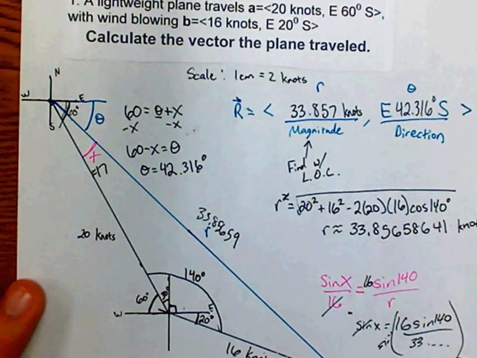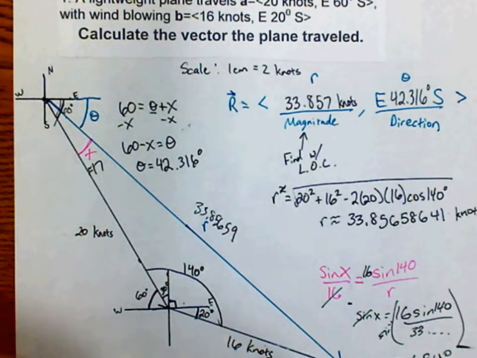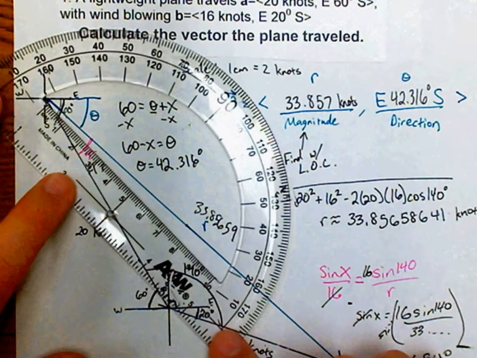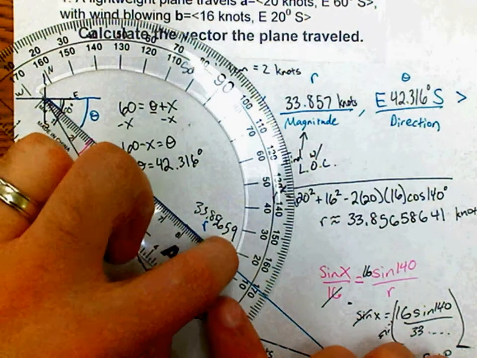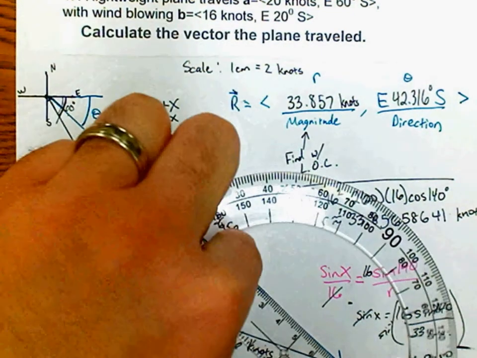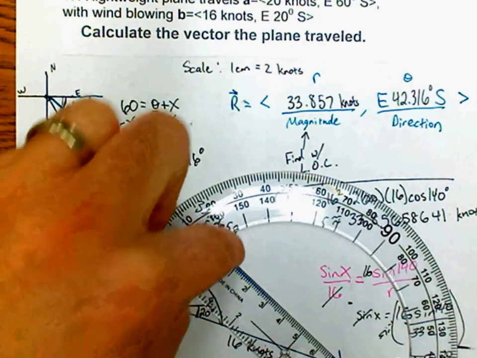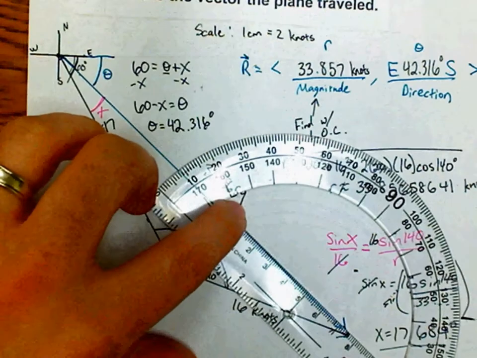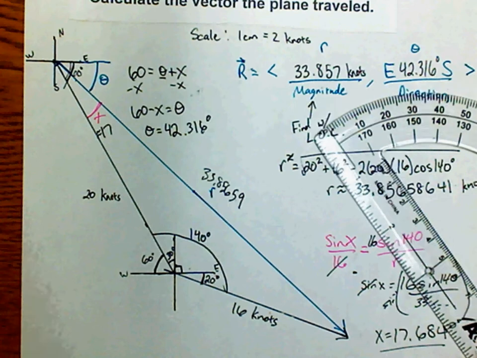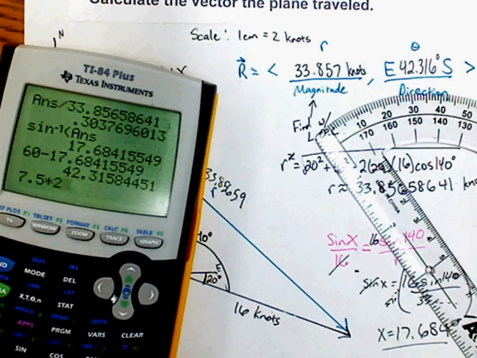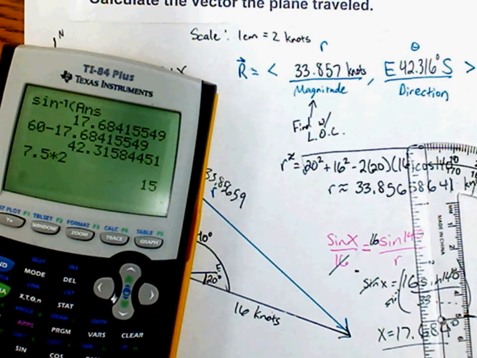Let's check and see if that makes sense. Again, my protractor's not quite long enough to measure this, but that is roughly, really poor measuring job there, like 7.5 centimeters. Well, 7.5 times my scale of 2. Oh, that does not make sense, does it? 17.5.